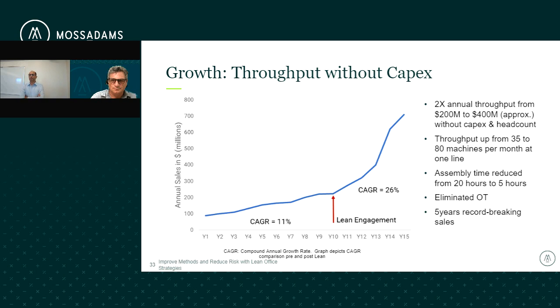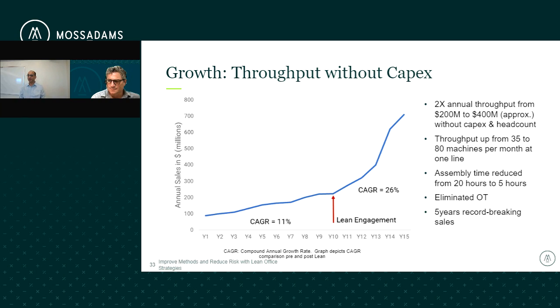So this is a medical device company, about a 100-year-old company. CAGR is the compounded growth rate of the company. What the graph is showing is that in 2007, that's year one, they wanted to hire us to implement a lean office.